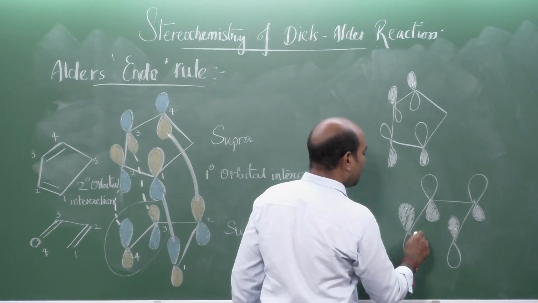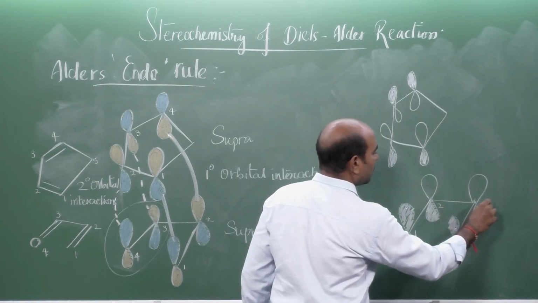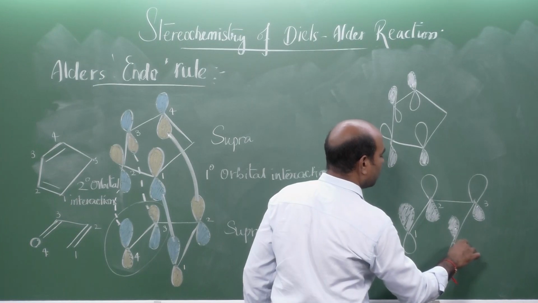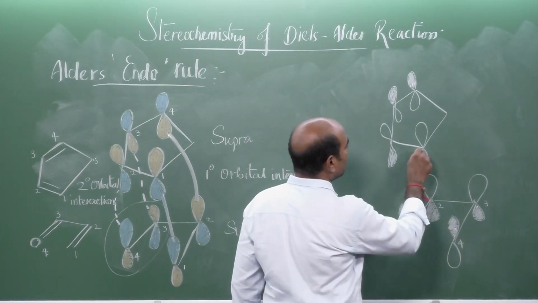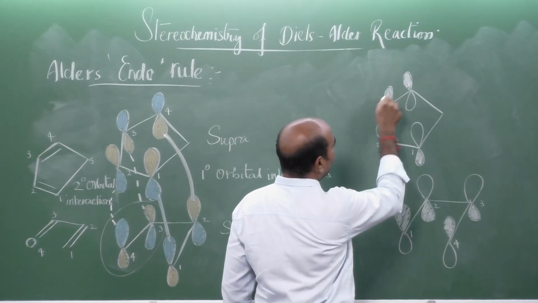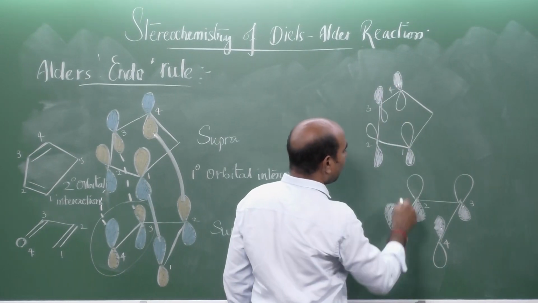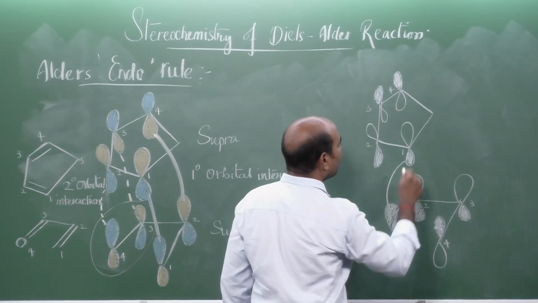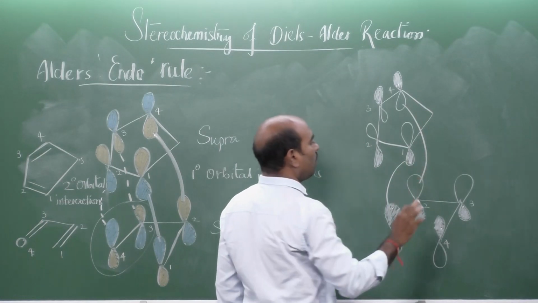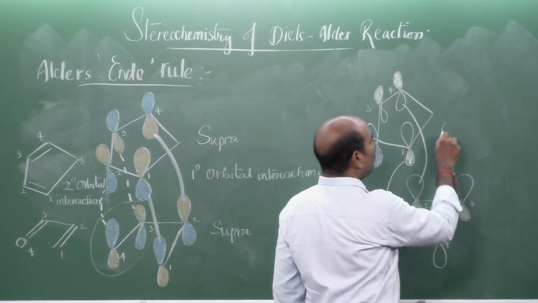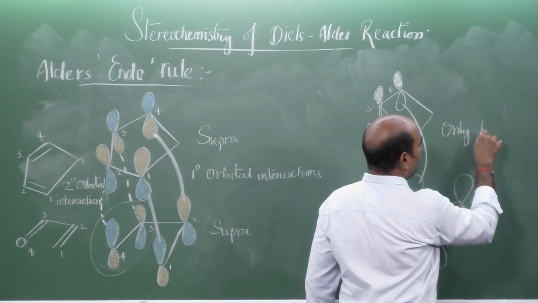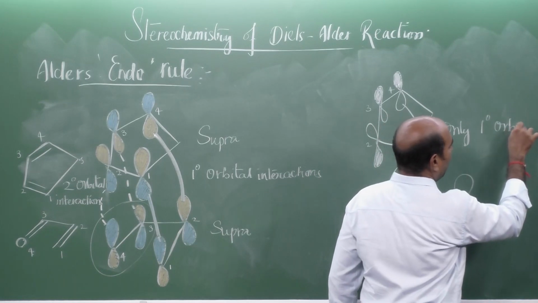You see now, this is 1 and this is 2, this is 3 and this is the heteroatom oxygen or any other group, right. So, this is 1, 2, 3 and 4. So, what is happening here? 1 and 1 and 2 and 2 are only interacting, that is only primary orbital interactions are seen.